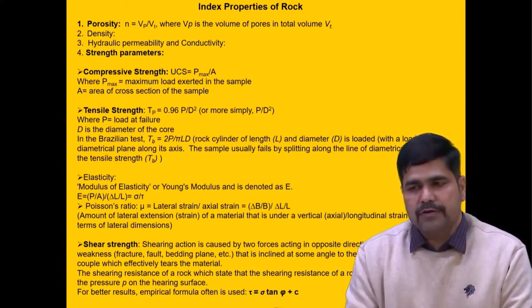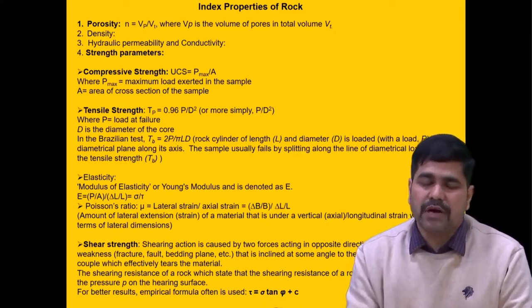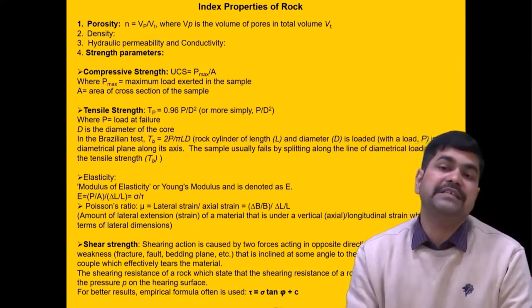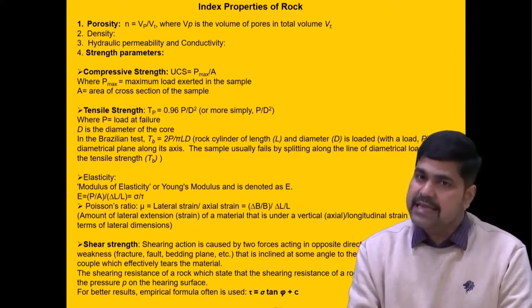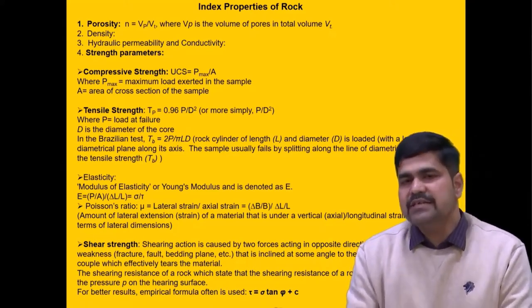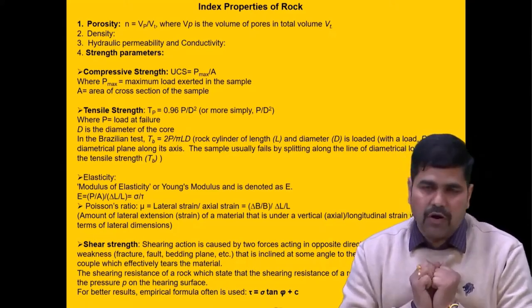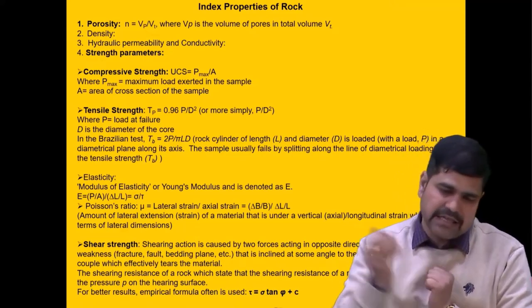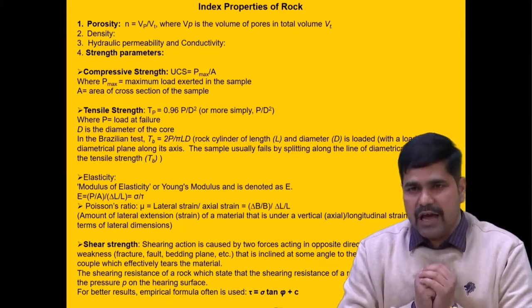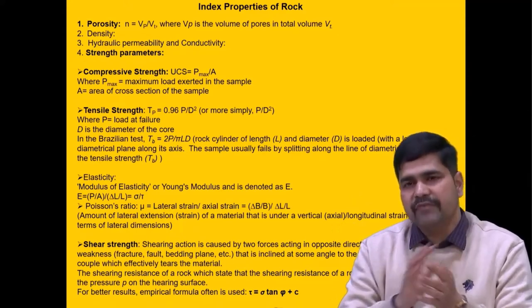To understand the competency of the rocks, we need to understand the compressive strength, the tensile strength, and the shear strength of the rock. Again, please understand, strength means that from within the rock is fighting against the outside forces and trying to sustain itself, and beyond a particular yield limit the failure happens.